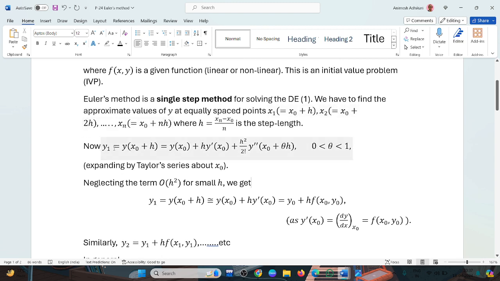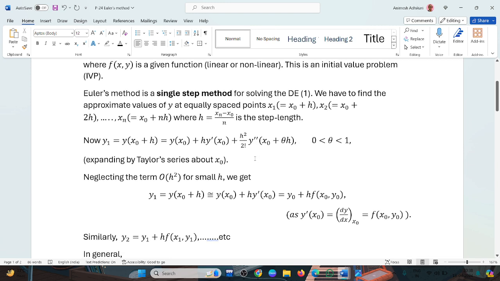Now y1 equal to y at the point x0 + h, by expanding by Taylor's series about x0, h is very small, equal to y(x0) + h y'(x0), this derivative with respect to x, and y a function of x, plus h²/2! y''(x0 + θh), 0 less than θ less than 1. This is the remainder term.